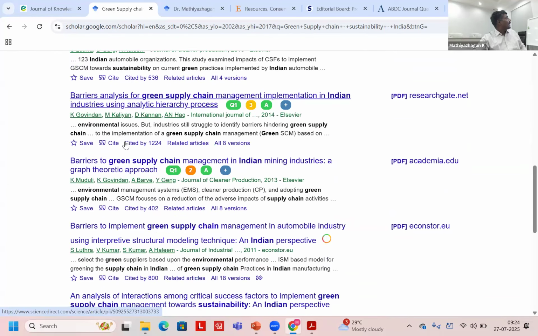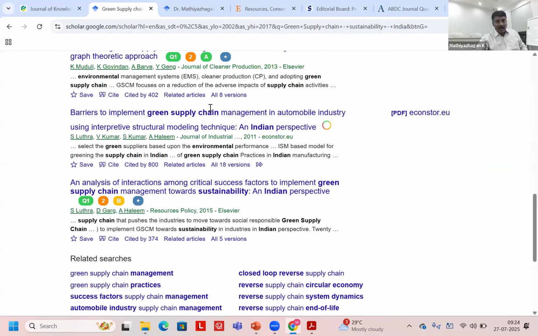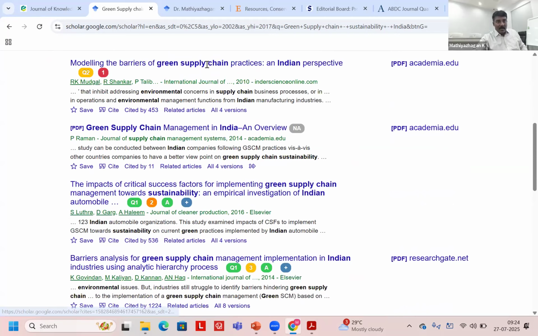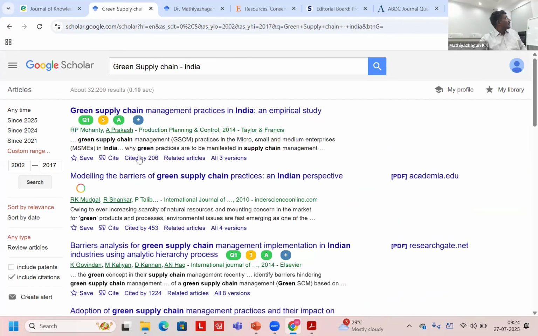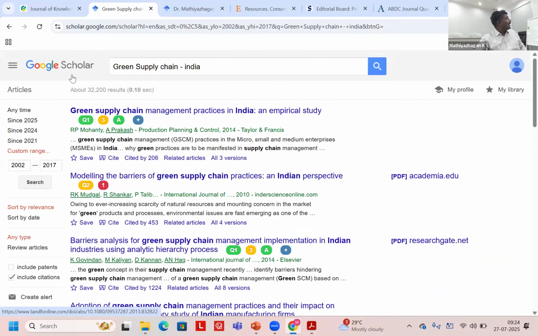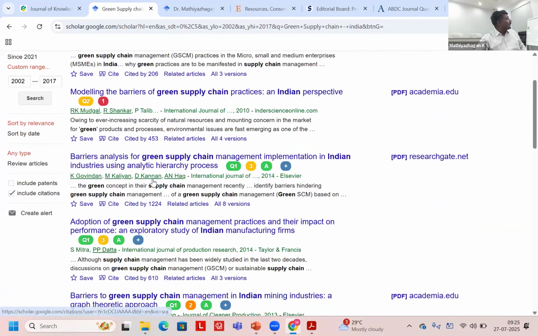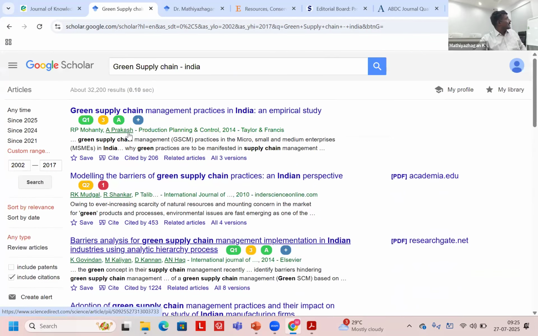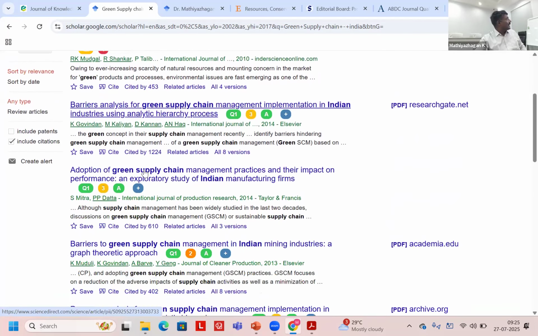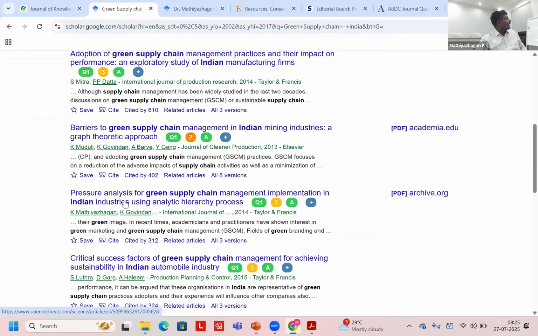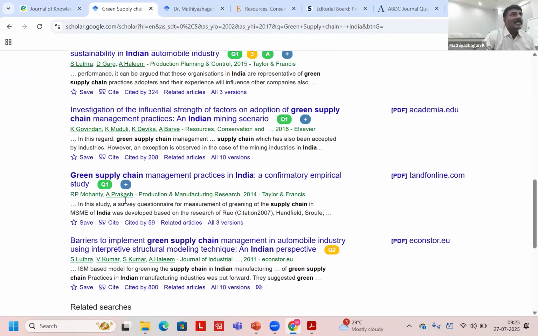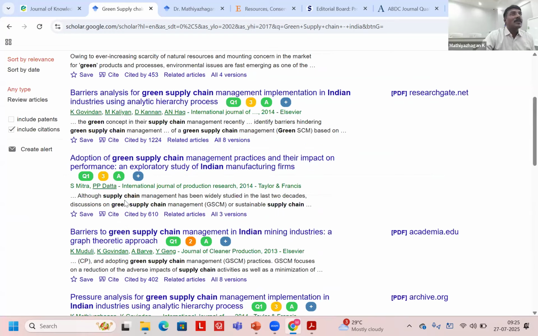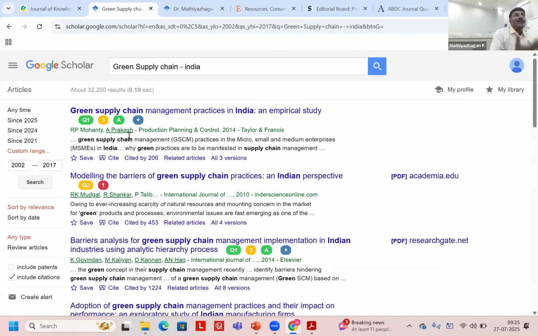My paper, one paper. On the first page, how many papers are there in total? 32,000. One paper, that's the third paper, my paper, and second paper. Yes, second paper, in the first page itself. The identity: whoever searches, my paper will come first.